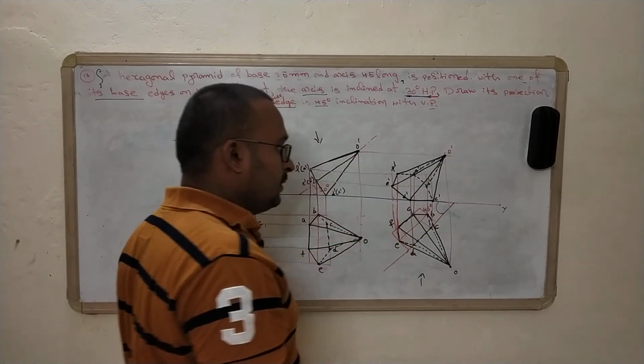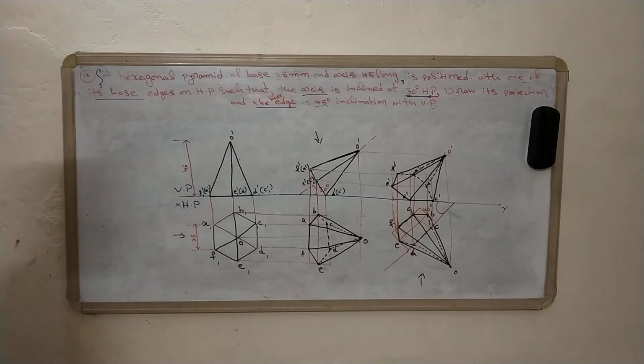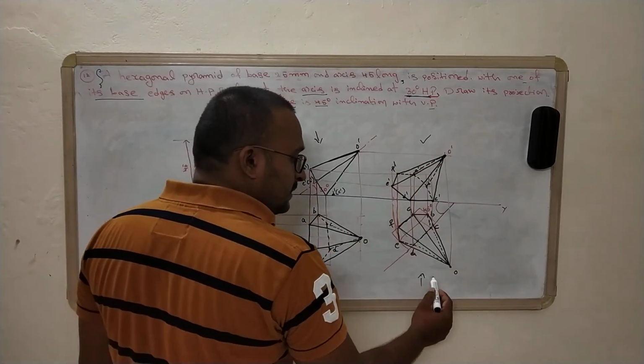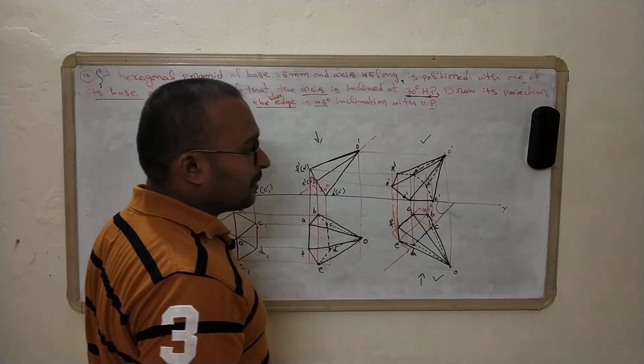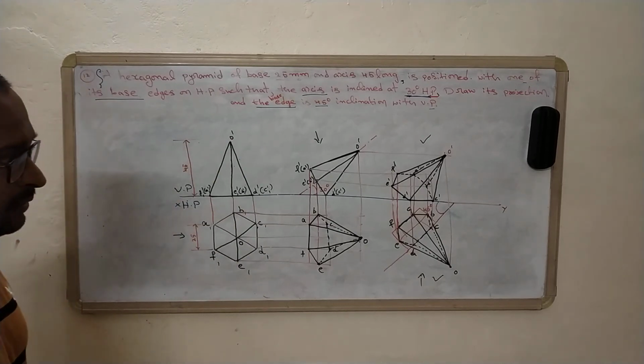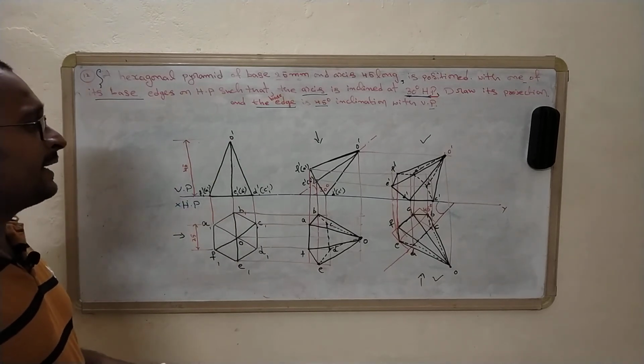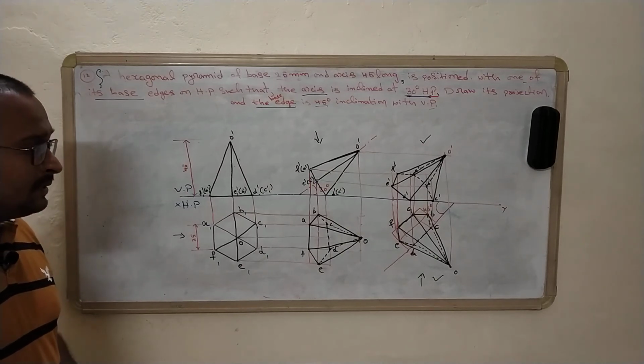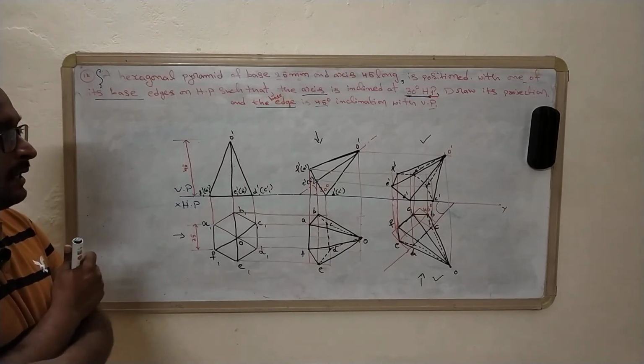Right. So here it is the finalized front view of the given problem and then the finalized top view of the given problem. So this is the way how we need to solve a solid inclined to both the planes, a pyramid problem, right? Next we will see cylinder and a prism.